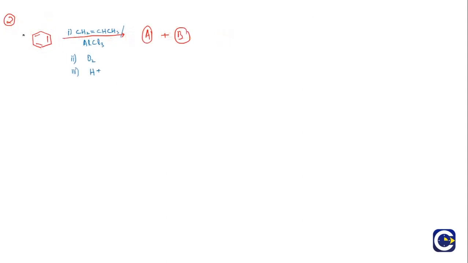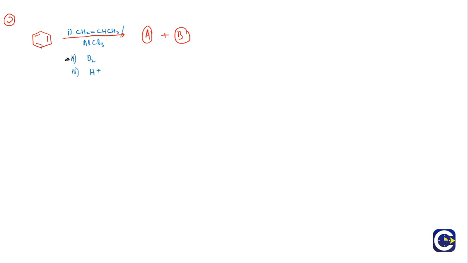Okay, so we have a benzene. In the first step, the benzene reacts with this alkene. Okay, we have an alkene, and the reaction of benzene with alkene is done in the presence of AlCl3. So the next step is the oxidation step.